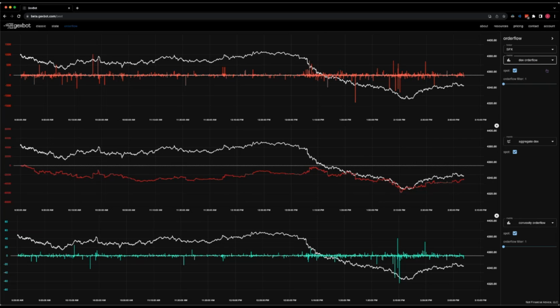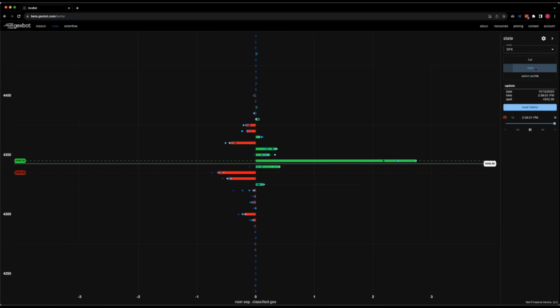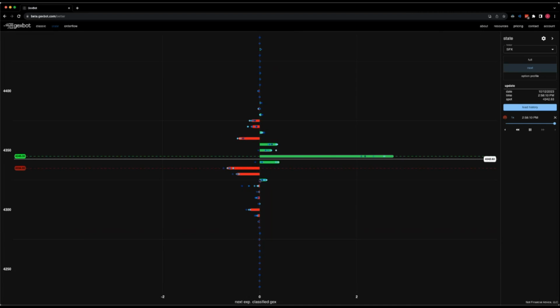The other ones are a little more complicated, so I'm going to pull up net GEX over here, and I kind of love this one today, to be honest. All net GEX is doing, and we call it net GEX because it is net GEX, is this: if you go over to state and take a look at next, and we'll make sure we're on SPX right here, if we were to take the gamma exposure of everything right now, clearly on SPX it's significantly more call dominated than it was earlier in the day because of this one specific 43.45 strike.